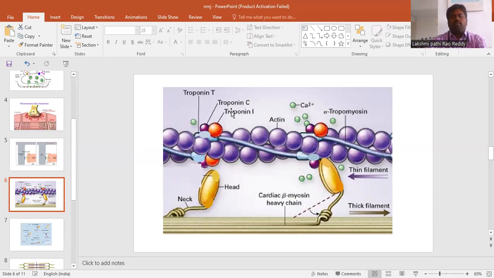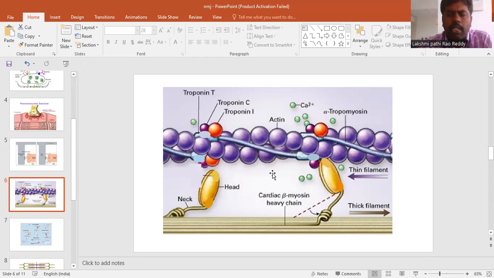So during the time of relaxation, troponin I, which inhibits the contraction, binds with the tropomyosin, right? And the active sites are covered, the sites to which the head of the myosin will bind.